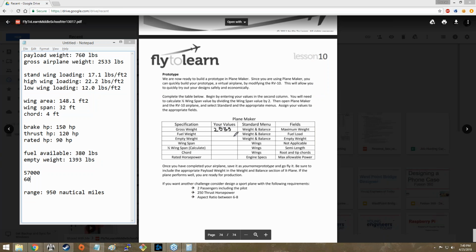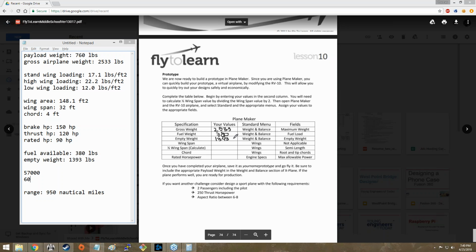Fuel weight is going to be 380 pounds. I cannot tell you how much of a challenge it is to try and write numbers into something this small using a mouse. Empty weight is going to be 1,393 pounds.